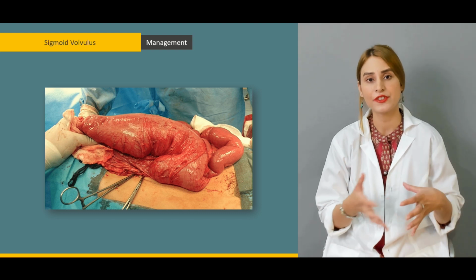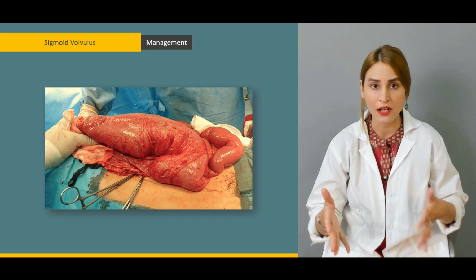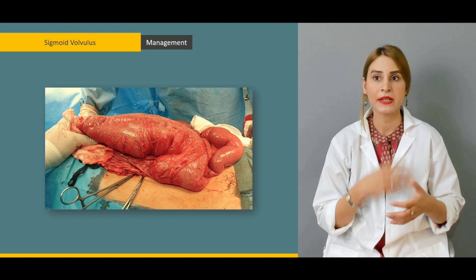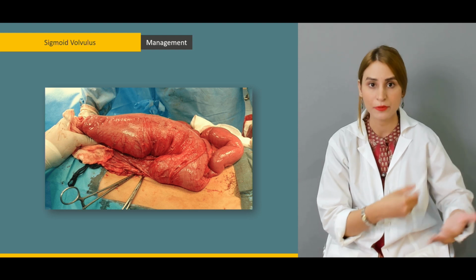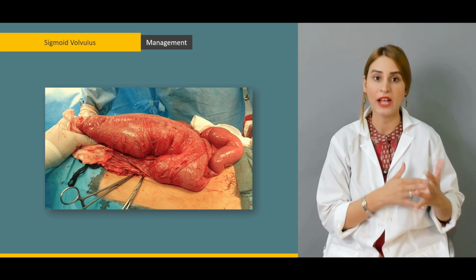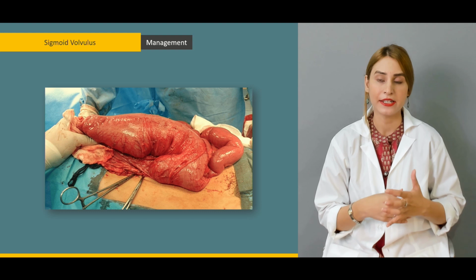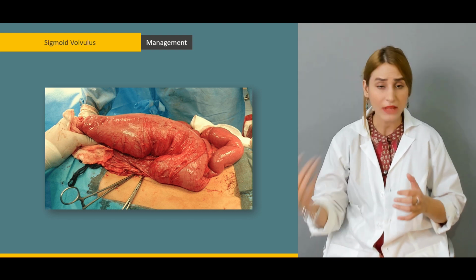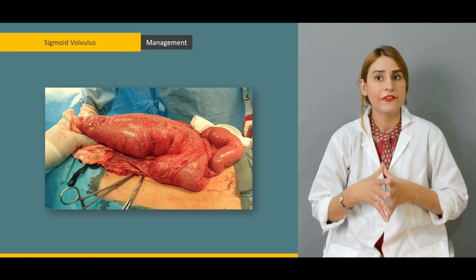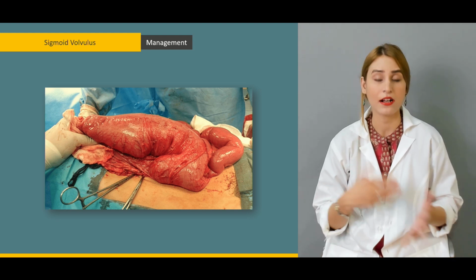So how would you differentiate between them? A viable segment is one in which, when you relieve the obstruction, the color will change from darker to lighter, and you can feel the mesenteric pulsations. In a non-viable segment, even if you relieve the obstruction, the color won't change.